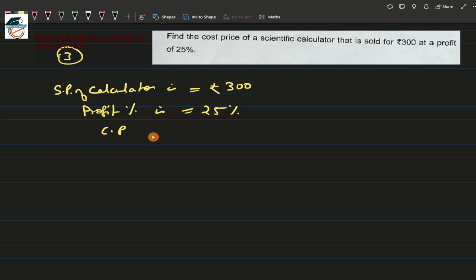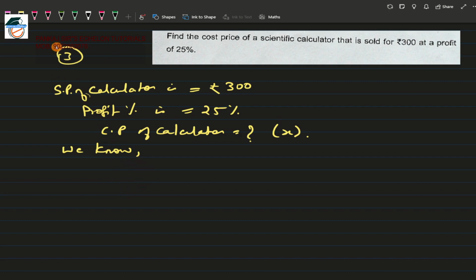Now find the cost price of the calculator. Cost price of the calculator is equal to what? Let us take this as X. Again, here we are going to write the formula connecting the selling price, cost price, and the profit percentage. Here we can use two formulas, as we have discussed.